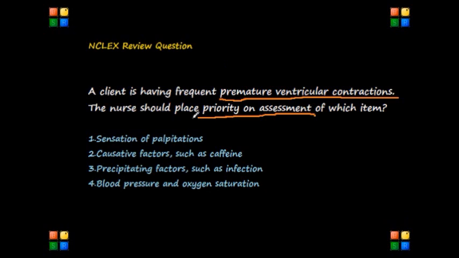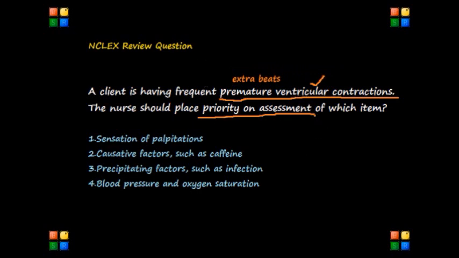Okay guys, so we have a patient who is having premature ventricular contractions, right? PVC, which is basically an extra abnormal heartbeat that begins in one of your heart's two lower chambers or ventricles, okay? Now these extra beats disrupt your regular heart rhythm, which causes what we call a skipped heartbeat in your chest. Now, understand that premature ventricular contractions are very common and they can actually occur in most people.